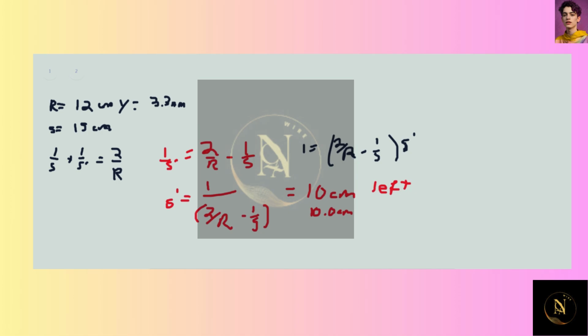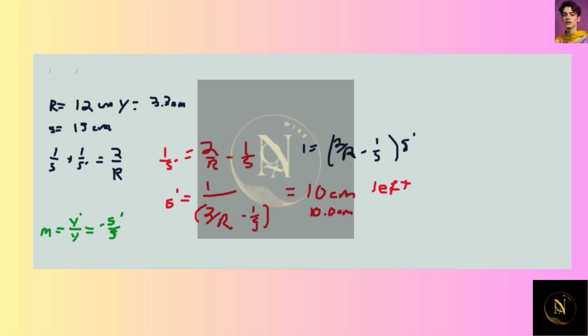Okay, the next part of the question asks, what will be the size of the image? So we know that m, the magnification, equals y prime over y, which also equals minus s prime over s.